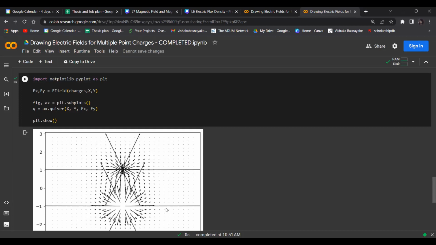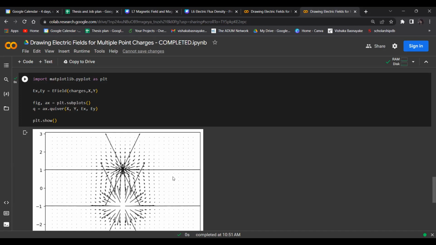This behavior is something we have discussed. We have discussed the dipole electric field, the electric field of a dipole. So this is the electric field of a dipole. We can simulate such kinds of charges and distributions of charges.